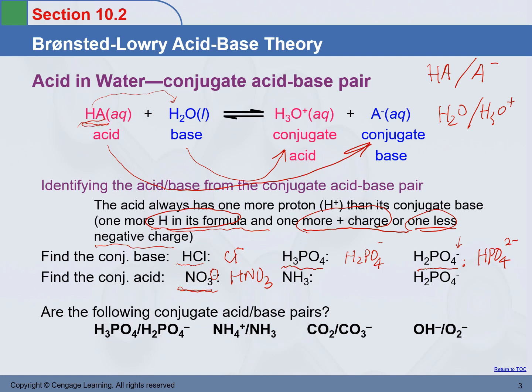All right, find the conjugate acid of this one. Again, you add a proton to it. A proton means an H and a plus charge. Right now it is neutral, so the conjugate acid will be one positive. Add an H to it. Right now it's NH3. Add an H, it will be NH4 with a positive charge.